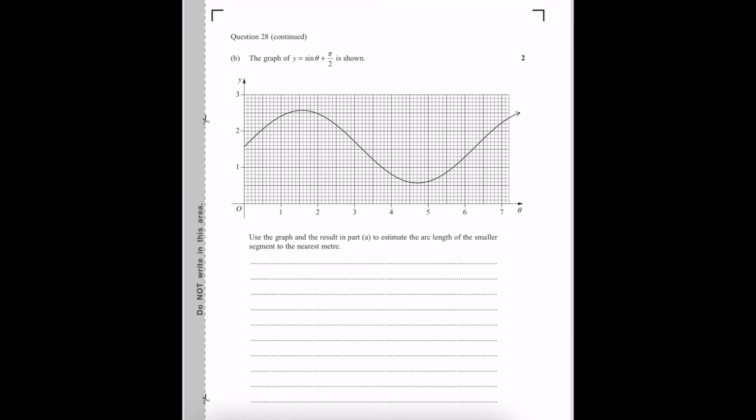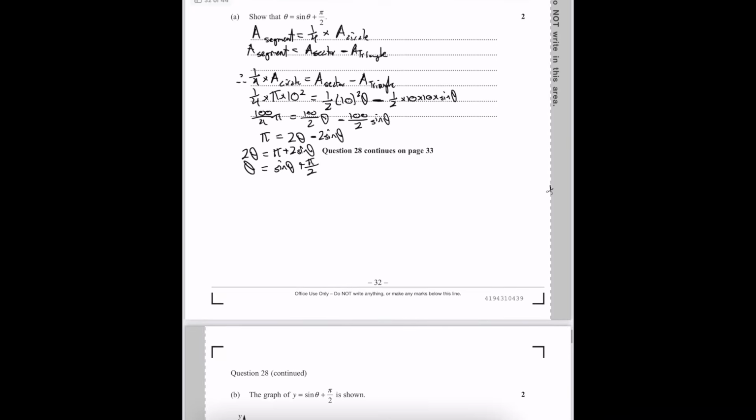Part B says the graph of y equals sine theta plus pi on 2 is shown. Use the graph and the result in part A to estimate the arc length of the smaller segment to the nearest meter. So the graph is sine theta plus pi on 2, which is this.